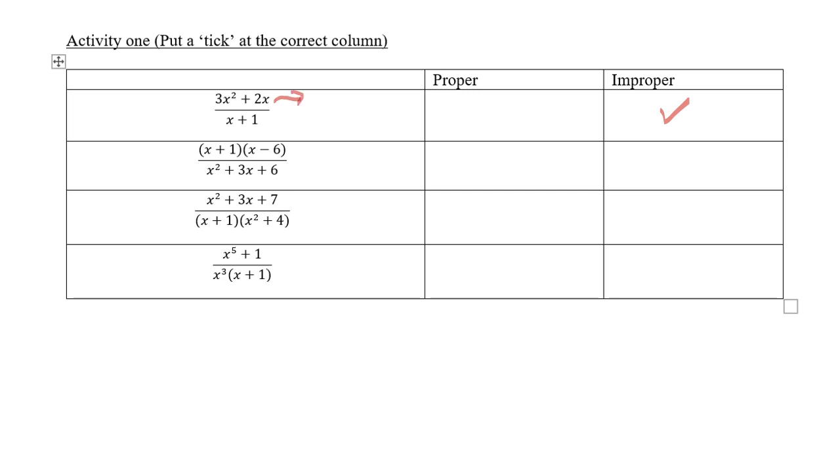The numerator is of degree 2, and the denominator is of degree 1. The degree of the numerator is more than the degree of the denominator, hence this is an improper fraction. Let's look at the second example.